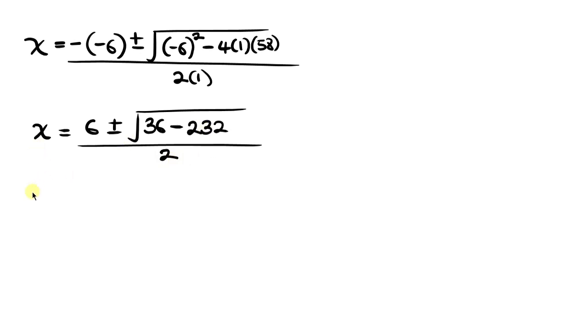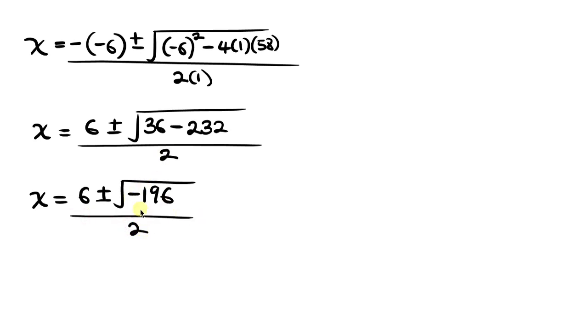Now simplifying further, we're going to be having x to be equal to 6 plus or minus the square root of 36 minus 232 is negative 196. Now seeing this negative here shows that we're going to be having complex solutions, all over 2.